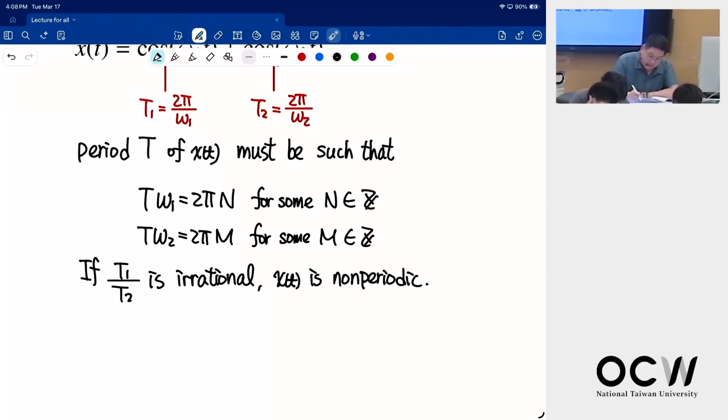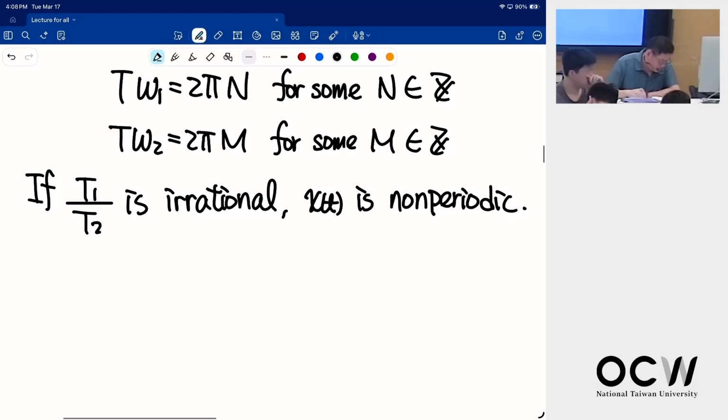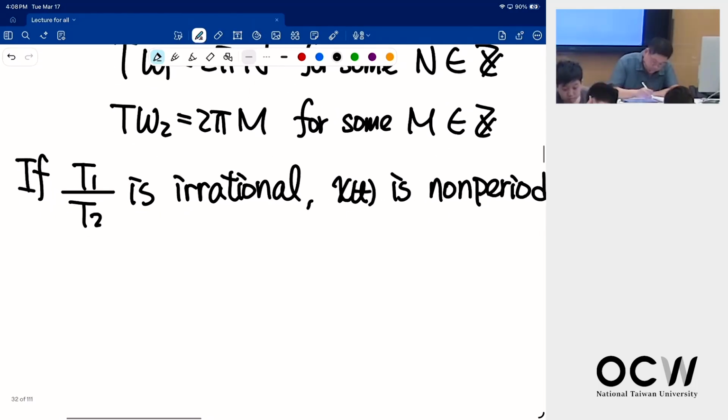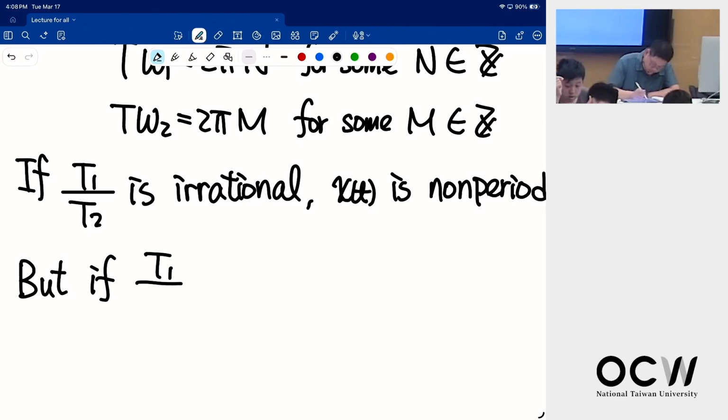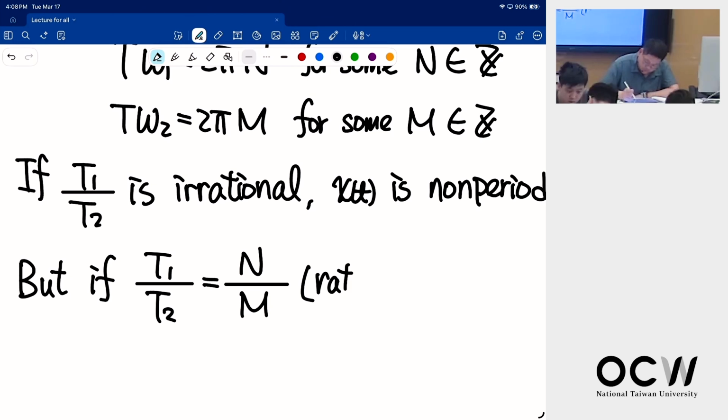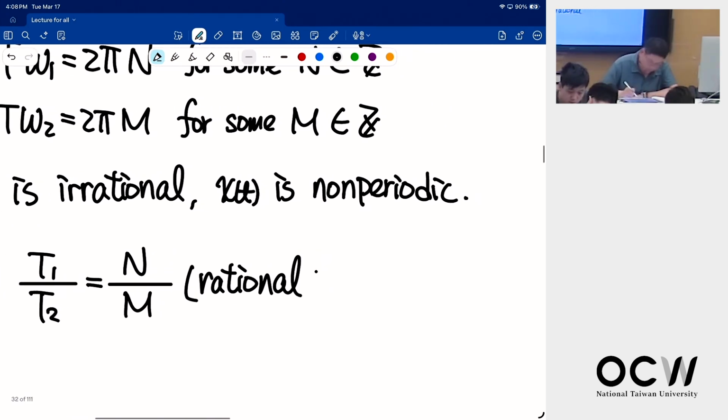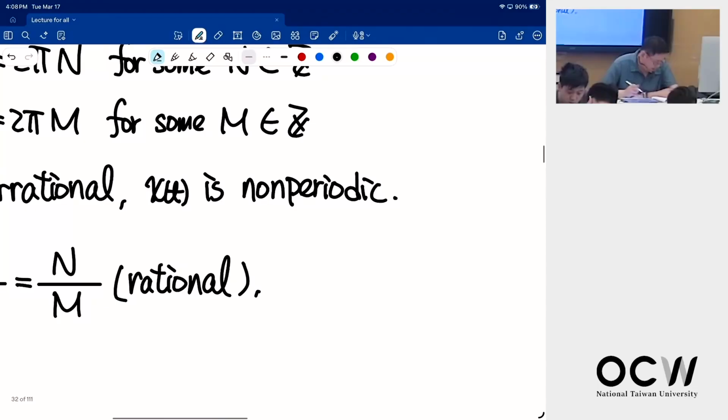If this ratio, T1 over T2, is rational, then x is periodic.